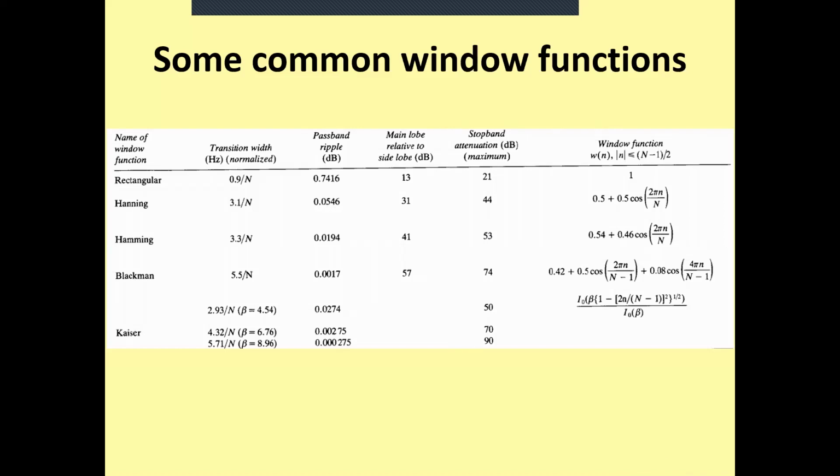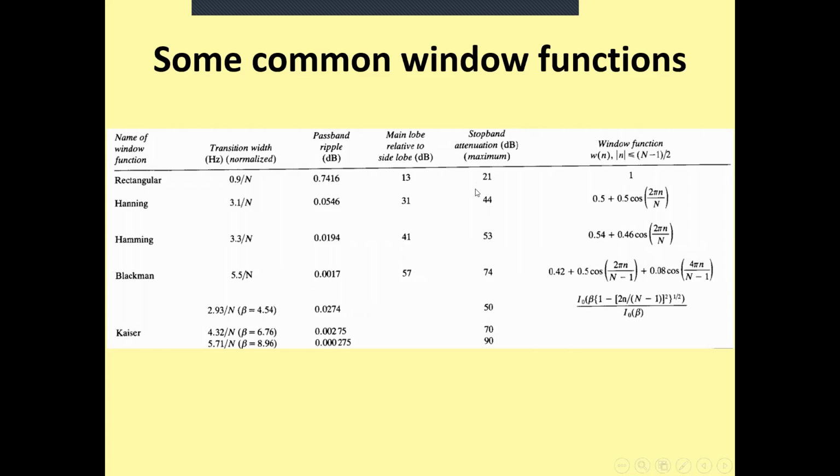In this case, when you're talking about 50 dB, look at the stop band attenuation supplied by the rectangular window. It's 21, which is less than 50. So this kind of window will not be adequate for the design of a filter which has stop band attenuation greater than 50 dB.